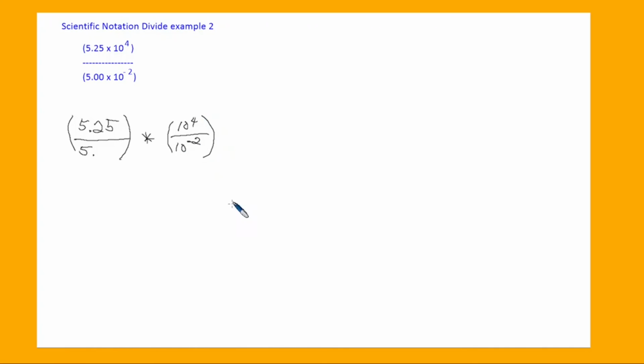All right, before, in the other example, we said that in division, we would subtract exponents. So we have 4 minus, and here we have a minus 2. And whenever we have a minus times a minus, that becomes a plus.